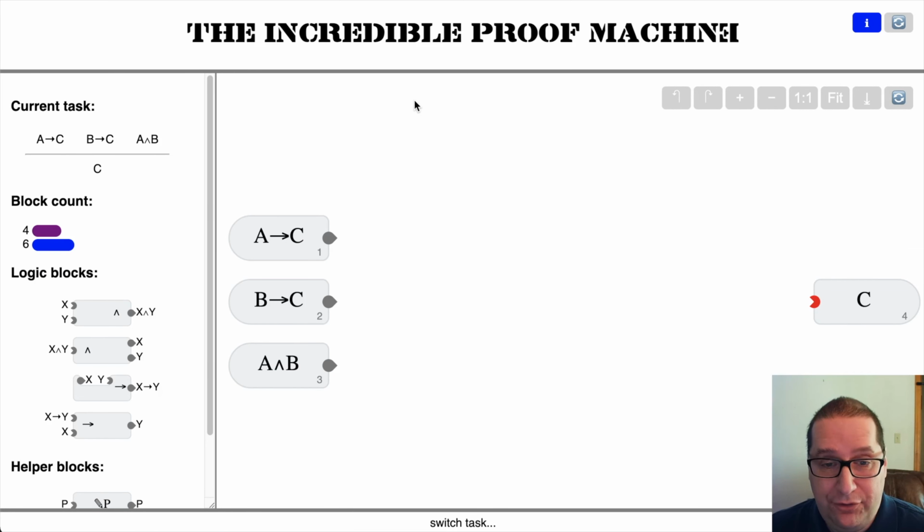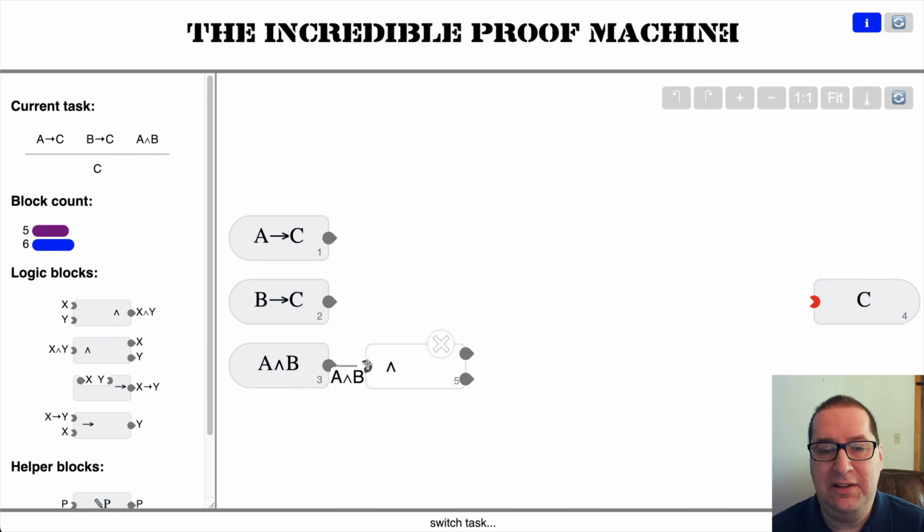Given A implies C, given B implies C, and given A and B, prove C. So now, in this level, we're going to be combining, for the very first time, multiple types of introduction and or elimination rules. I think just elimination rules here.